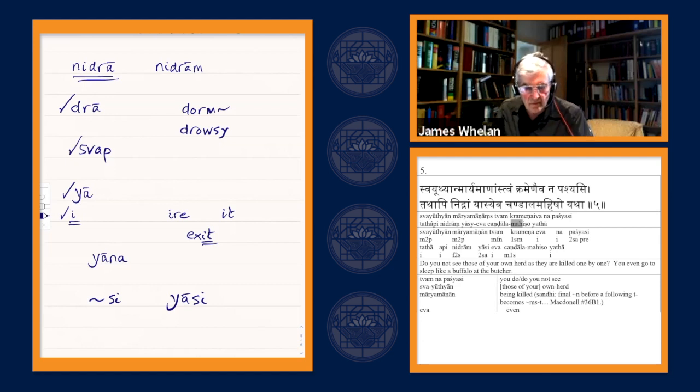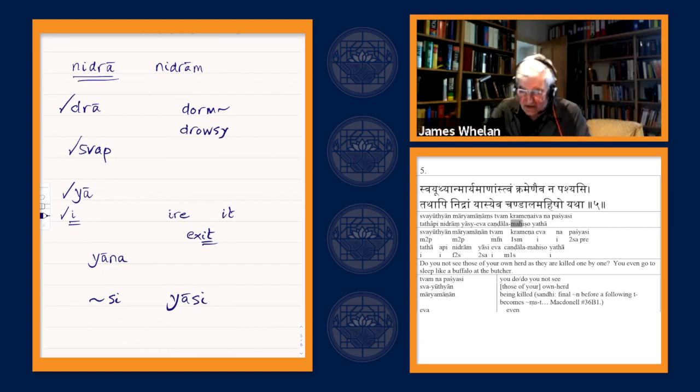So putting the sentence in a more English way, so yatha chandala mahisha tatapi nidram yasi. So like, yatha, like chandala mahisha, the butcher's buffalo, tatapi, tata thus, tatapi, in exactly the same way, exactly thus, just like that, tatapi nidram yasi.